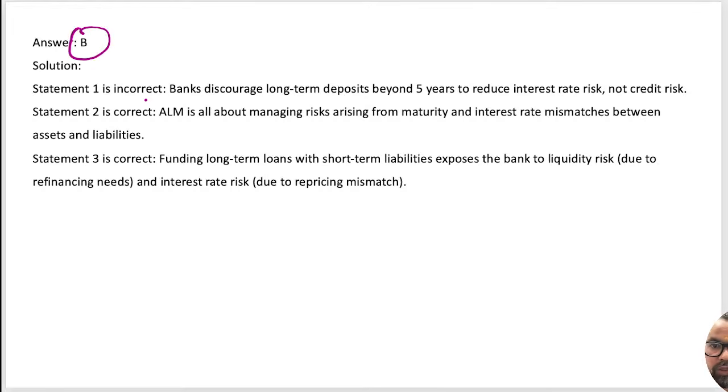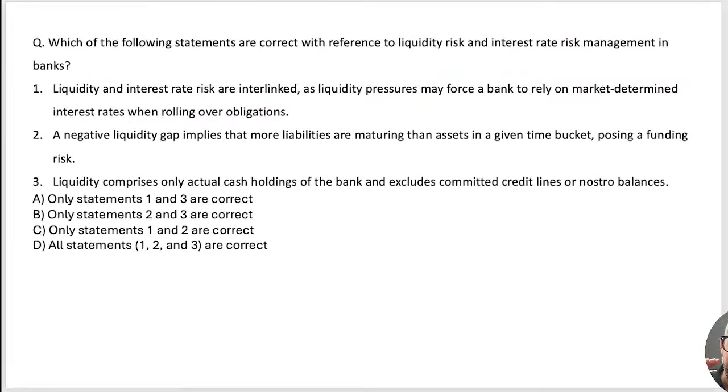Correct? So the bank discourages long term deposits to reduce the interest rate risk. This is the reason when we study the risk side: liquidity risk and interest rate risk.